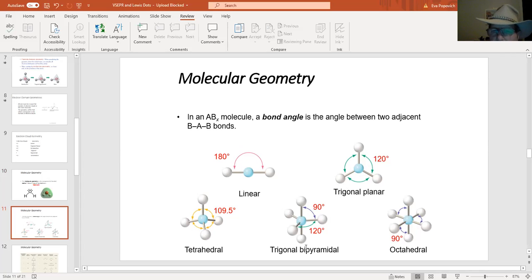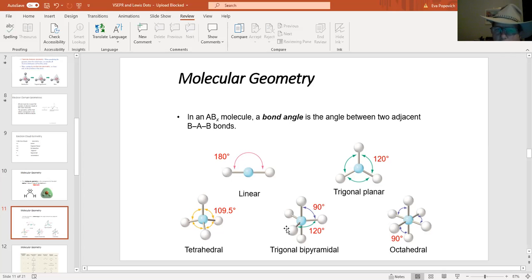Picture a trigonal bipyramid. You have 3 atoms which are on a plane with one another, and it's like having a trigonal planar on this plane. Then we have 1 atom sticking up, 1 atom sticking down. The bond angle between the one sticking up and the plane is going to be 90 degrees.